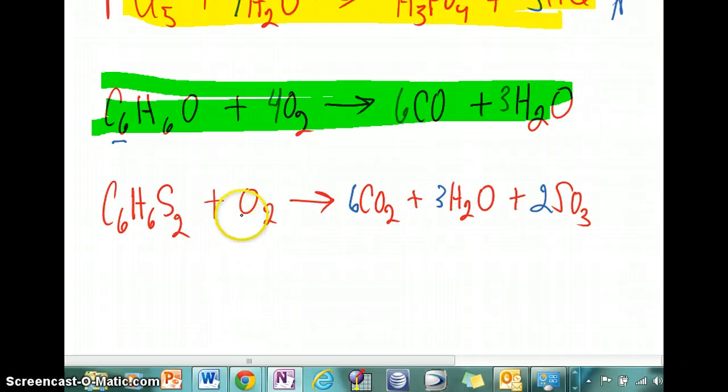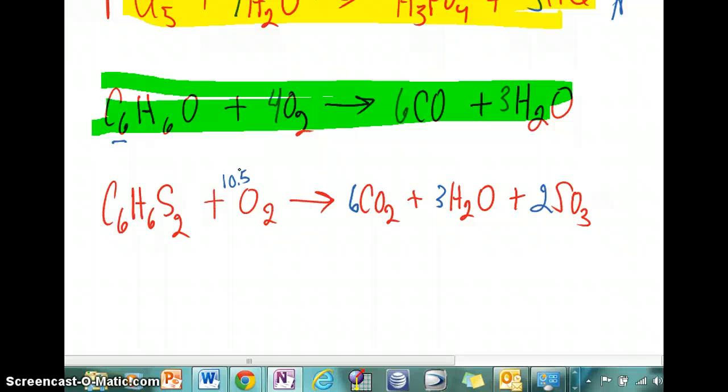Not really. If I put 10.5, that would work, but you can't have half of an atom. Can't do that. So this is what I always tell my students: if you double everything, then it would work.